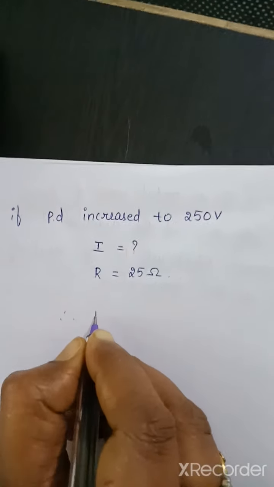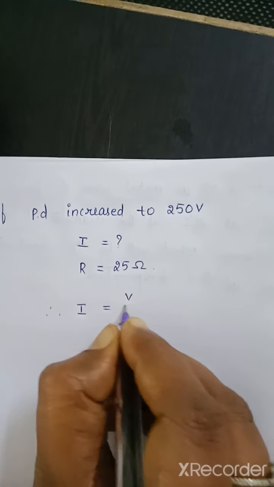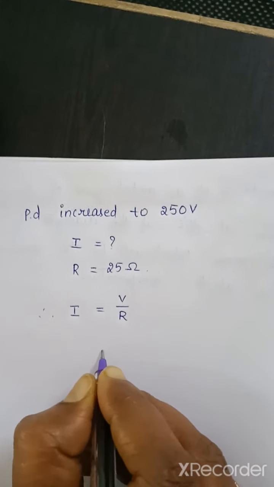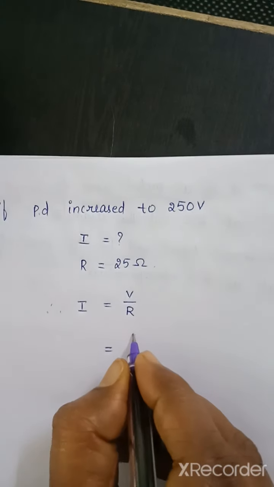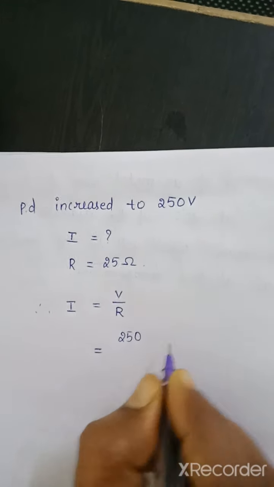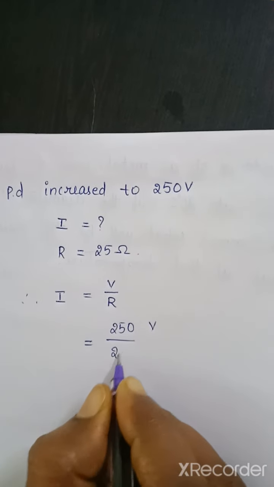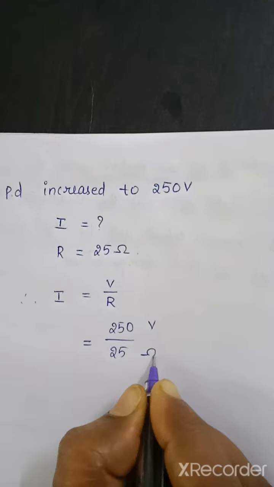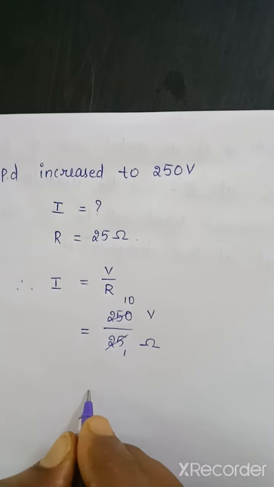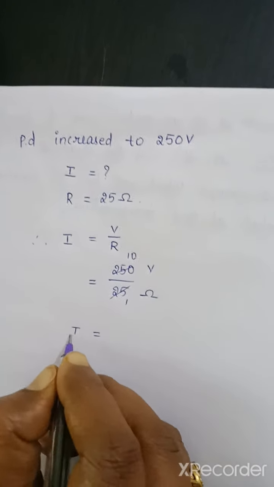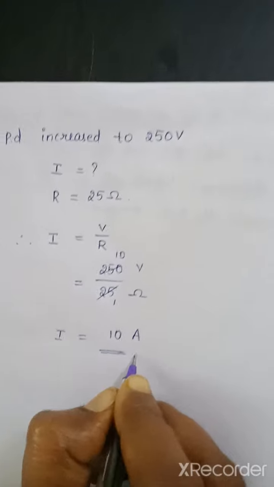Therefore, the current I, what is the formula? I equal to V by R. What is V? Potential difference given 250 volts by the resistance we found, 25 ohms. Now simplify this, 25 ones and 25 tens. So the current I is equal to 10 amperes.